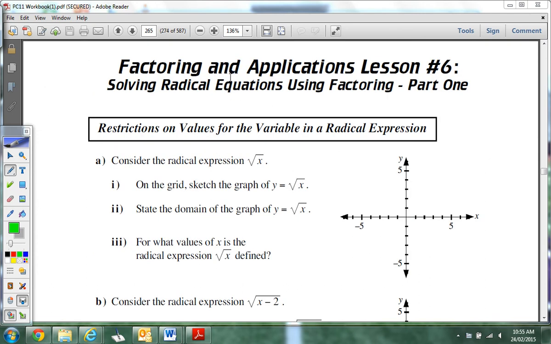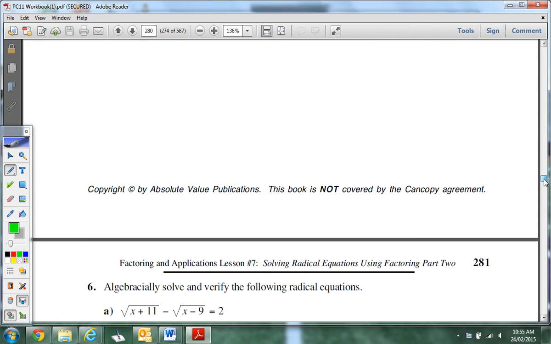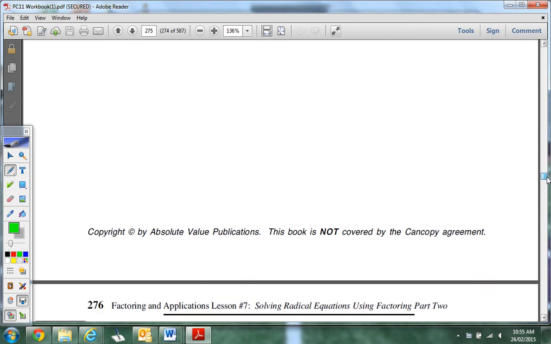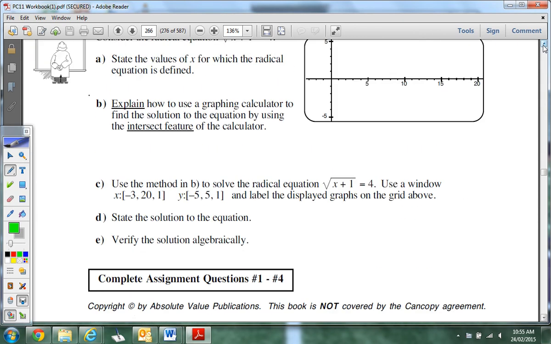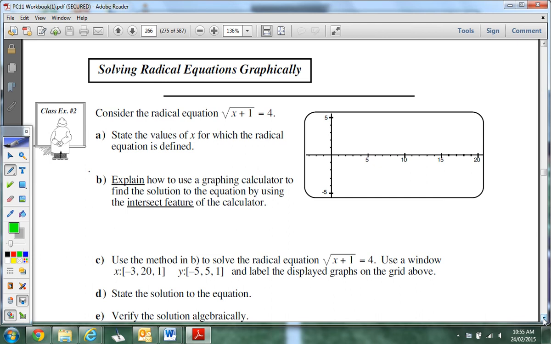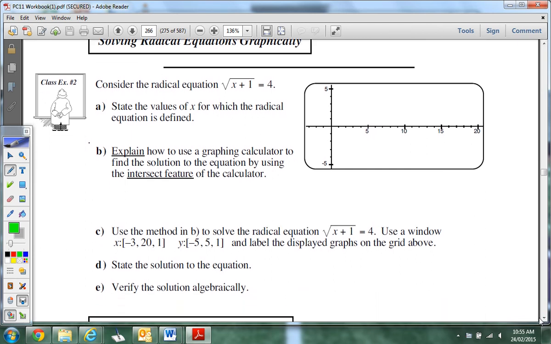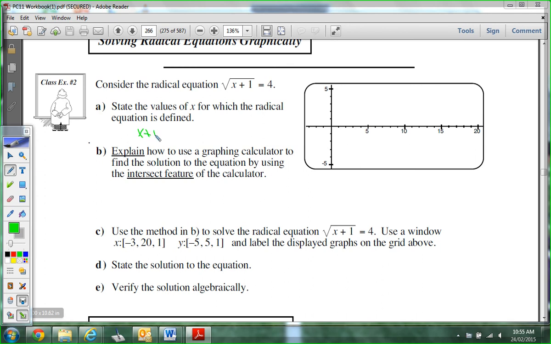We're going to figure out what x plus 1's restrictions are. x plus 1 greater than or equal to 0. So simply my restrictions are x greater than or equal to negative 1 because I'm minusing 1. So that's my simple restriction.